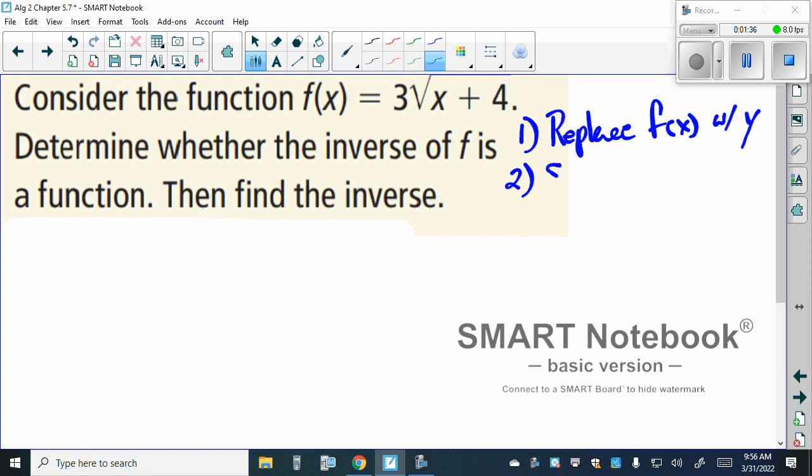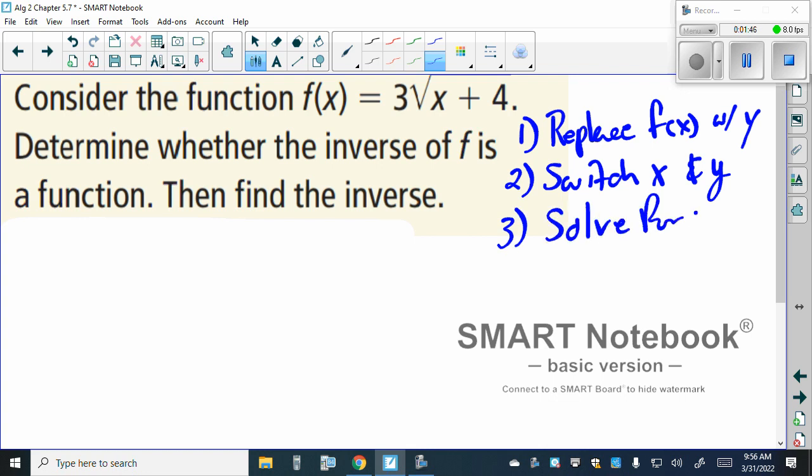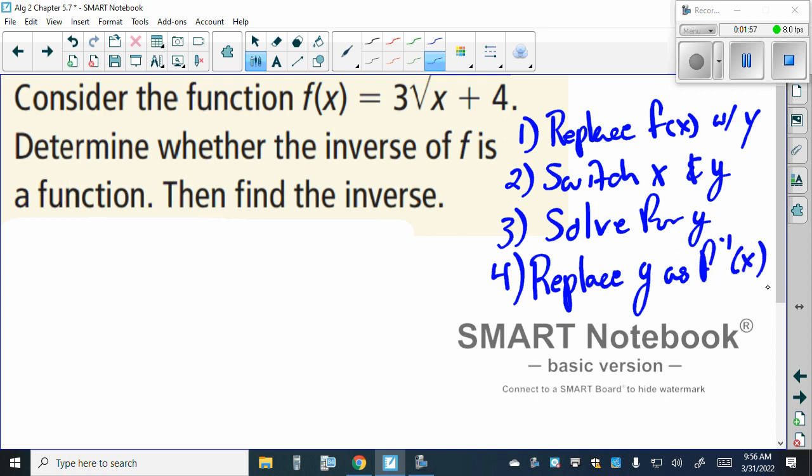Our second step is to switch x and y. Our third step is to solve for y. And then fourth is to replace or rewrite y as f inverse of x. And these are the steps that we got yesterday. But yesterday I didn't write them in kind of a shorthand notation.